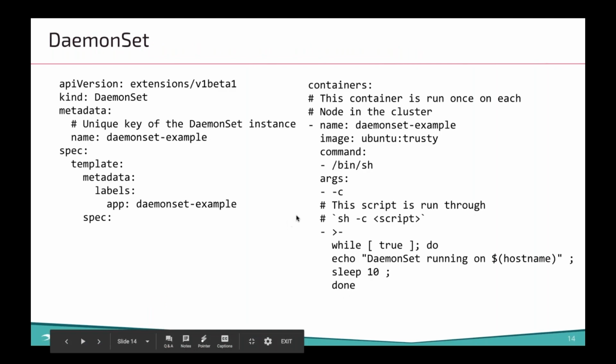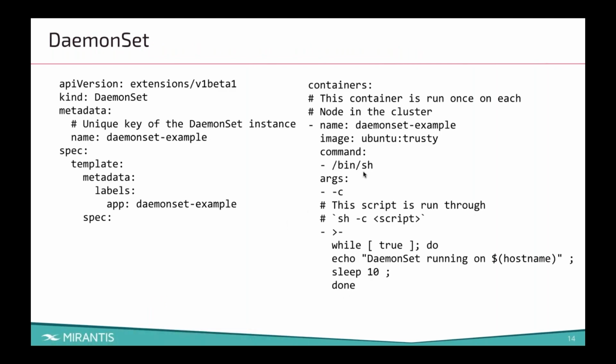So, daemon sets. Let's take a look here at some other YAML structures. We've got a basic. We've got our API version, our kind, metadata, and spec as usual.